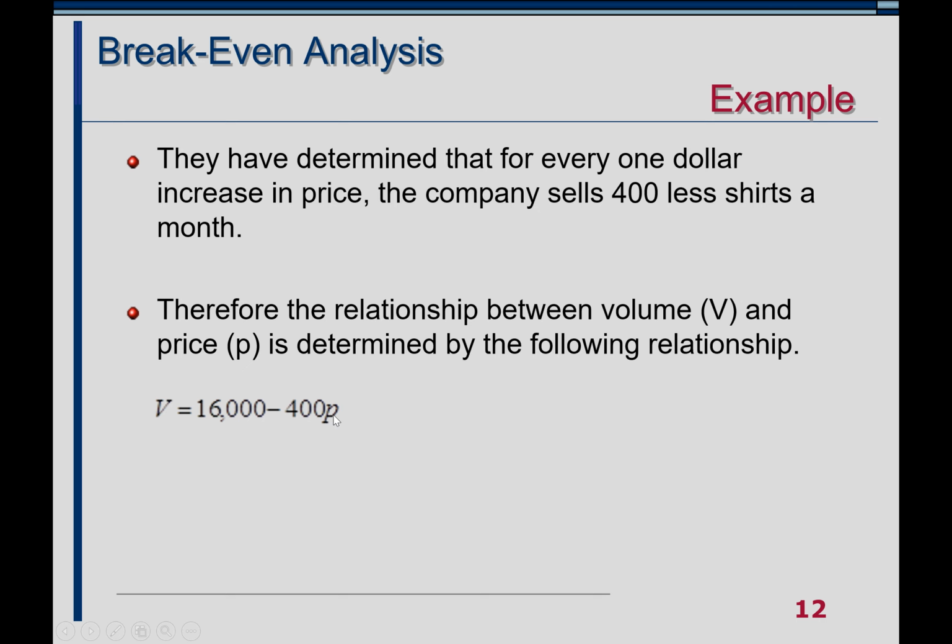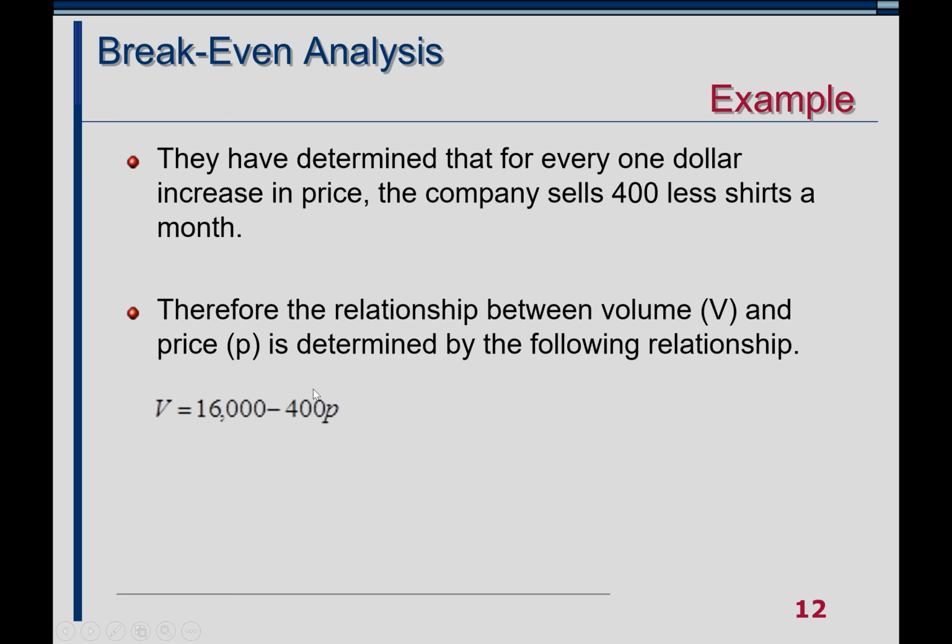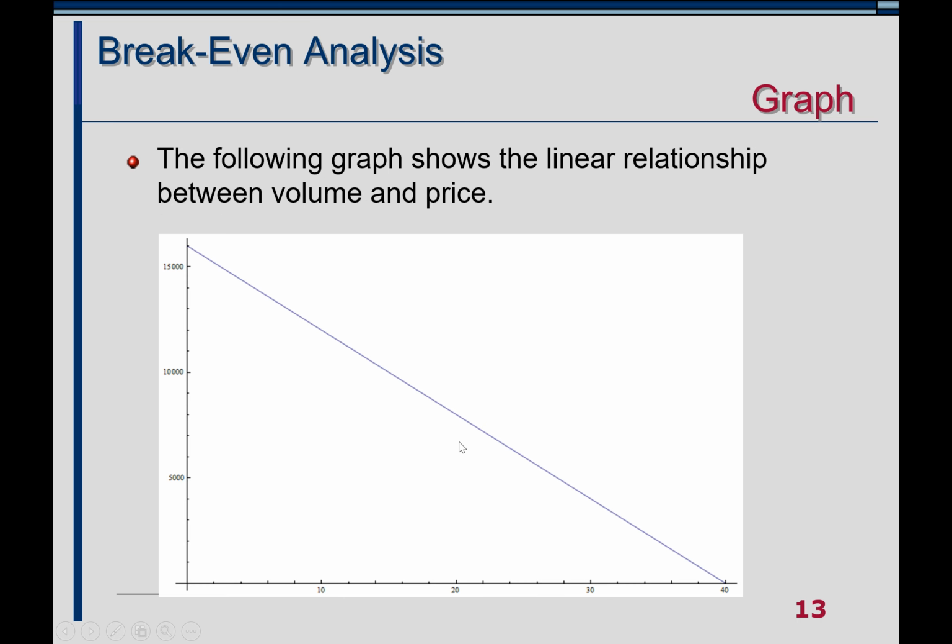If you were selling them for $2, you could still probably sell all 16,000 of them. So maybe it's not this nice, neat, linear relationship over the whole model, but in reality, you're probably not going to be selling these down at the low end for $1 or $2 or whatever it may be. So as long as it's valid or reasonably valid in a reasonable price frame, you're probably okay.